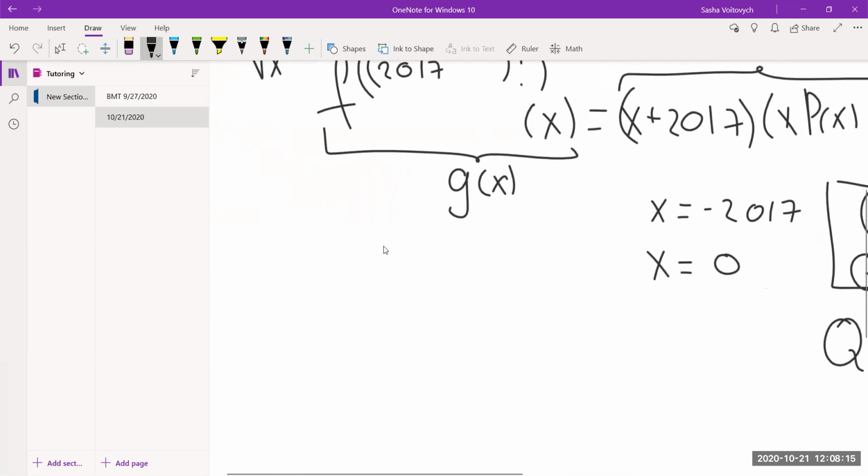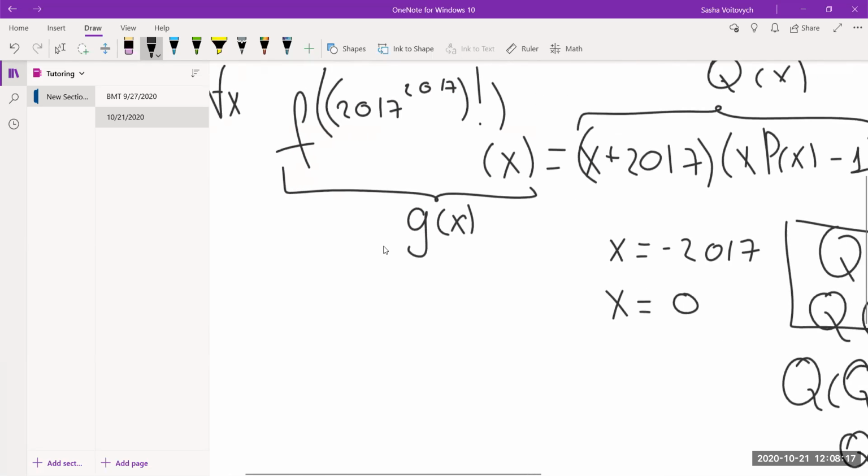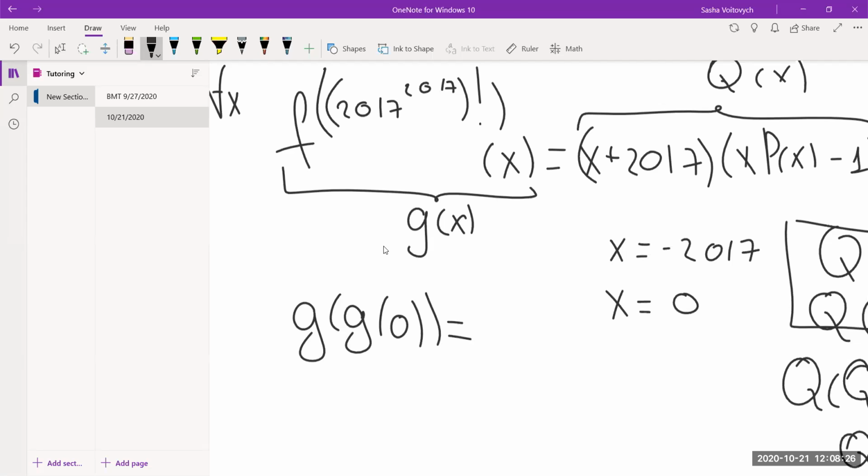Since we know that the left-hand side and right-hand side are equal, it also means that G of 0 equals 0, but G of 0 is not equal to 0. What is G of 0?